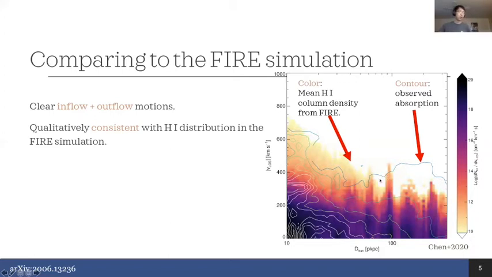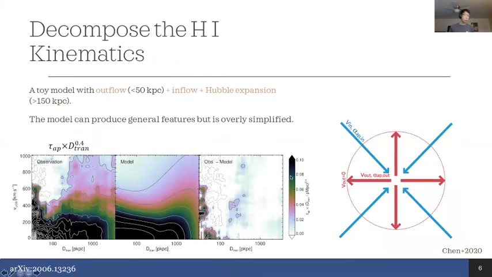The contours are from our observation, and the color is the FIRE simulation. We constructed a model to further quantify and constrain what's going on. This toy model contains only radial inflow and outflow.